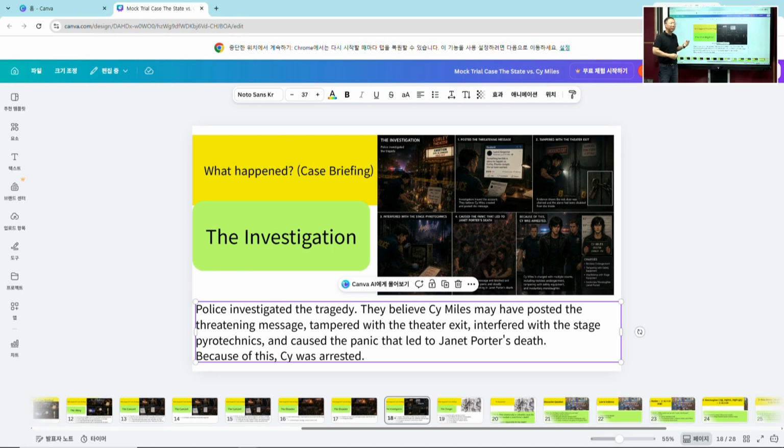They believe he eventually caused a panic among the fans, and they killed Janet Porter. So they believe that Cy Miles is responsible for the death of Janet Porter as well. Because of this, police officers arrested Cy here.